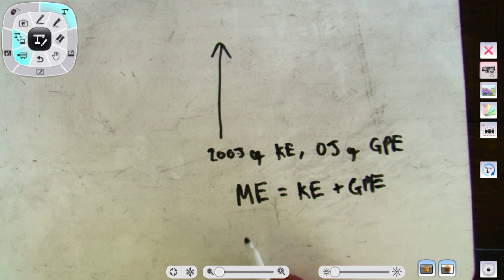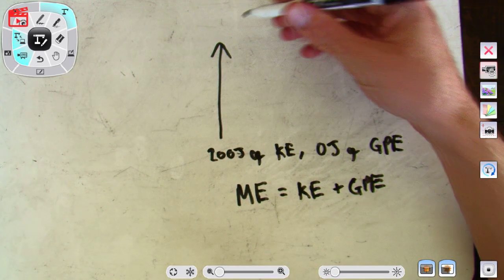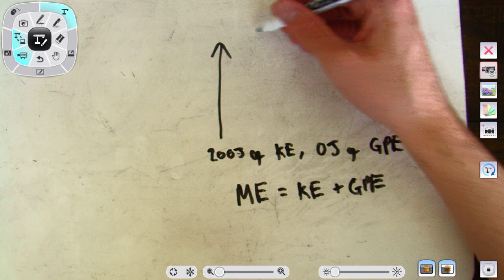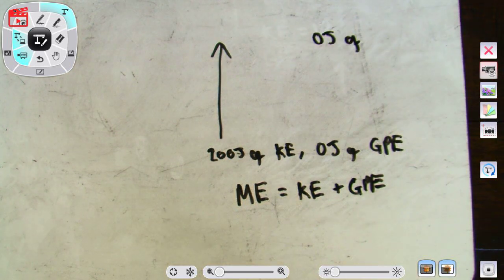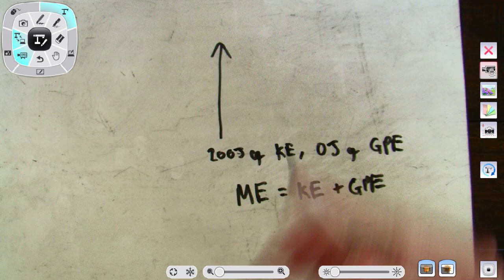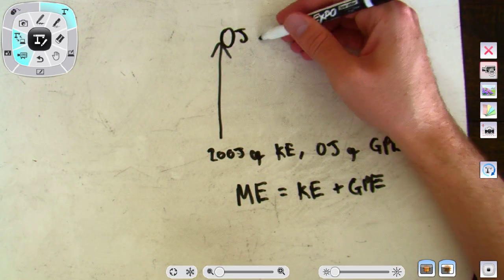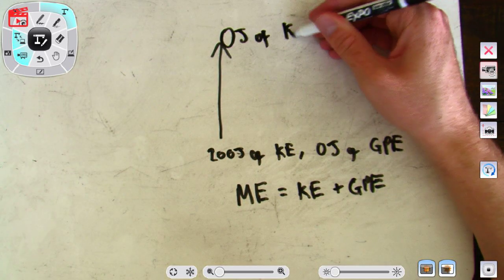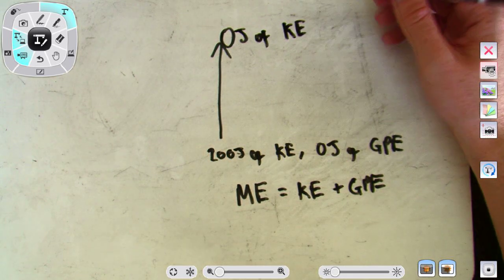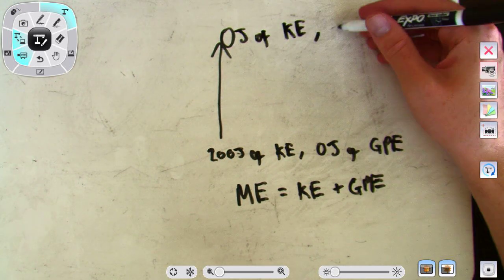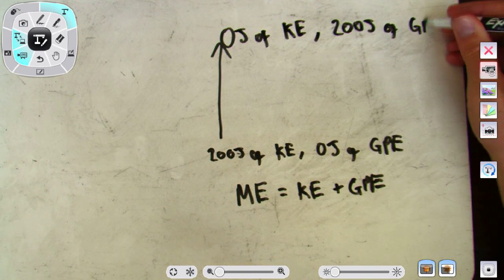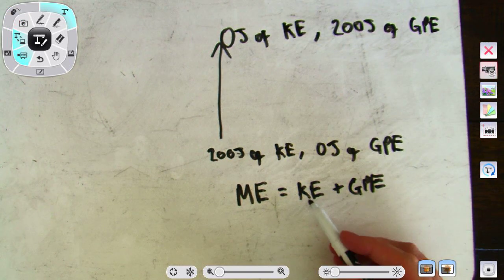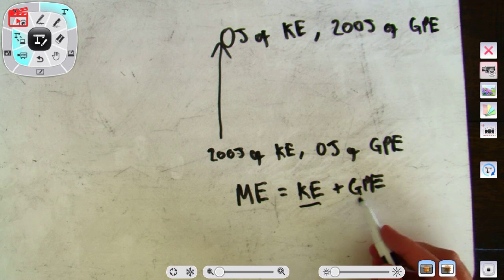So at the top, we're going to have 0 joules of KE because we're stopping at the top, and we're going to have 200 joules of GPE, because all of this at the start became this at the top, right?